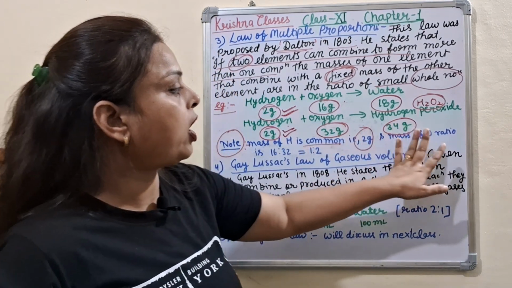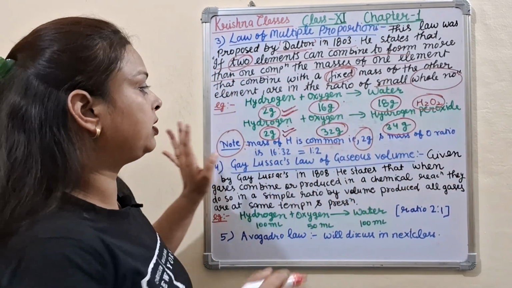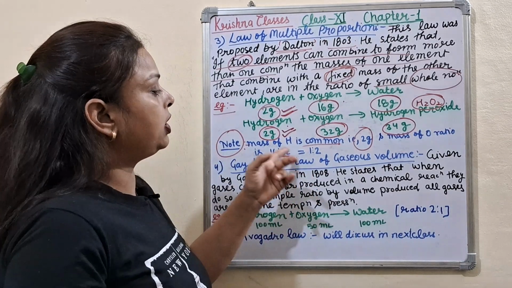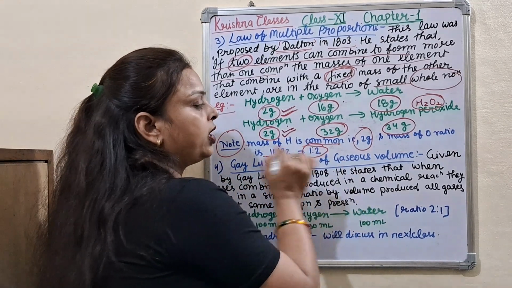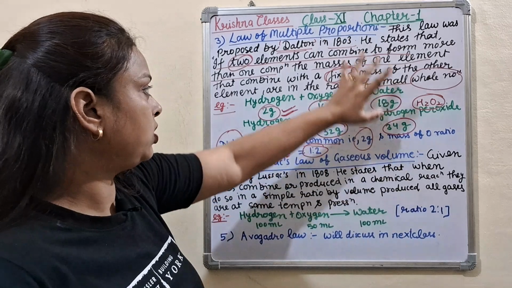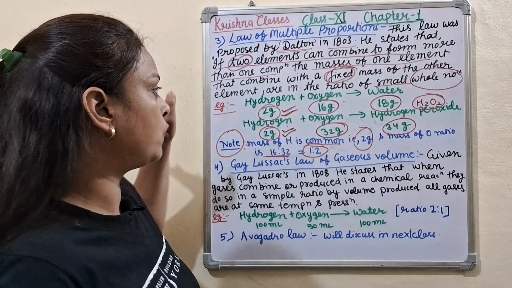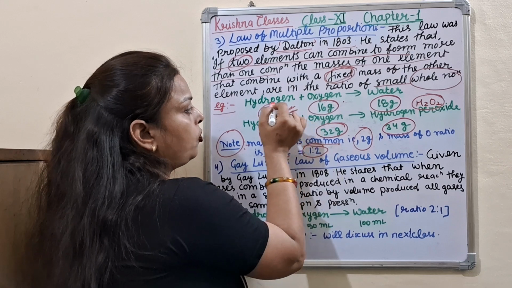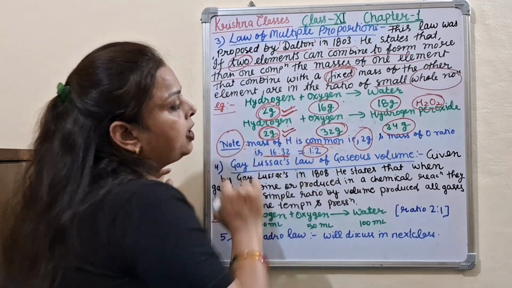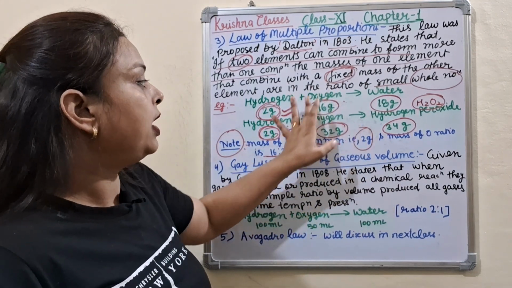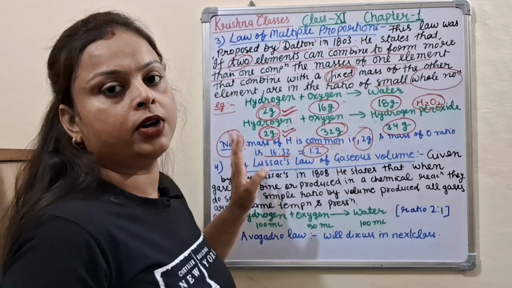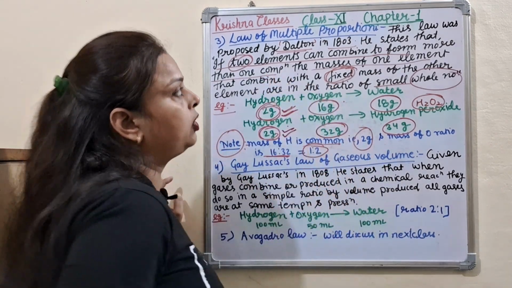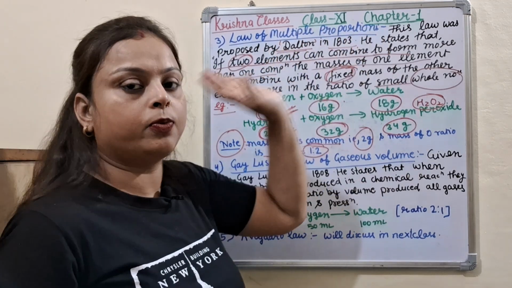And the ratio of the mass of oxygen is 16:32, as I described, which is 1:2. So this is the law of multiple proportion, where one element is always fixed in mass and the other is in the ratio of small whole numbers, like oxygen. So this is the law of multiple proportion.